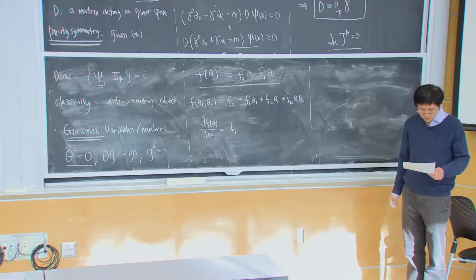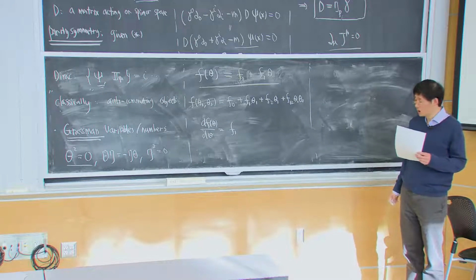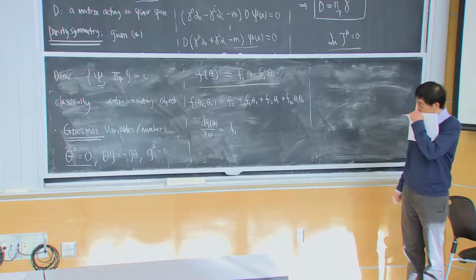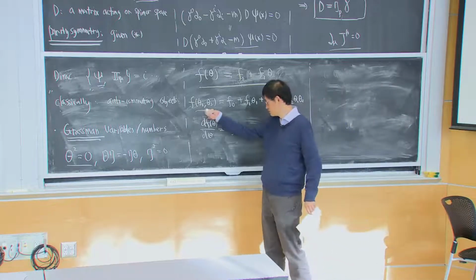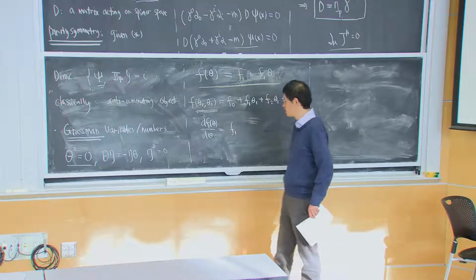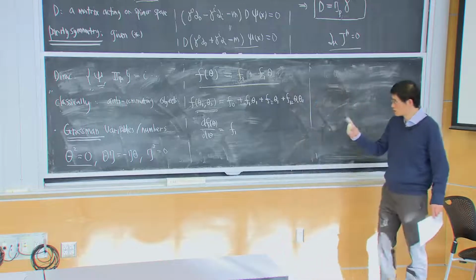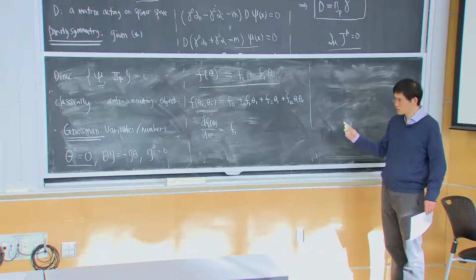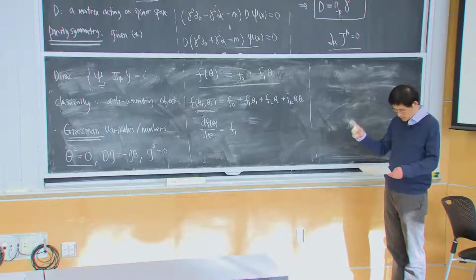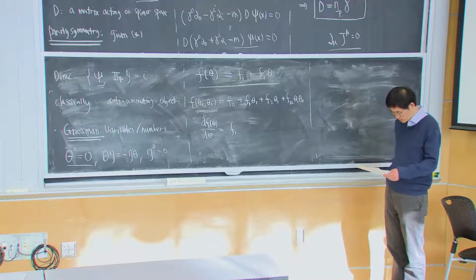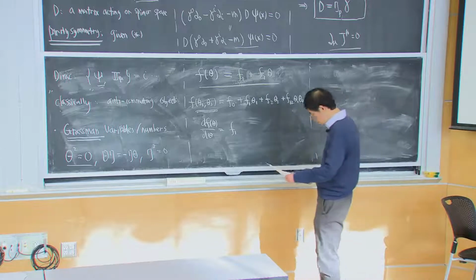Okay. But one thing you do have to be careful about, when you have these multiple variable functions, is that it actually matters whether you take the derivative from the left or from the right. Okay, the direction you take the derivative becomes important.